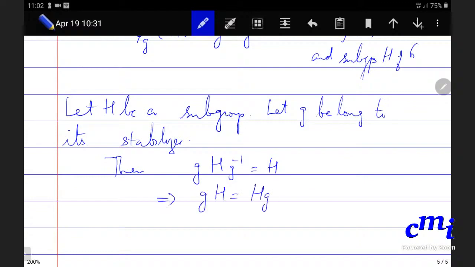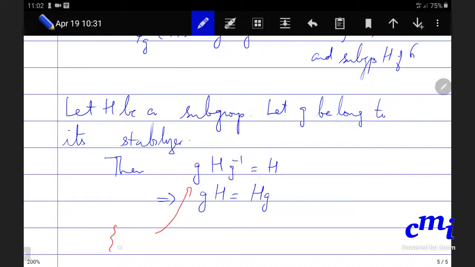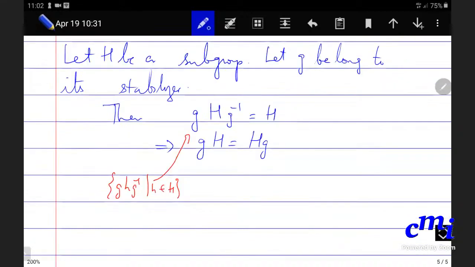Maybe I should clarify what these things mean. I think we discussed this once. This is the set of all g h g inverse such that little h is inside H. G is fixed, a fixed element of the stabilizer.